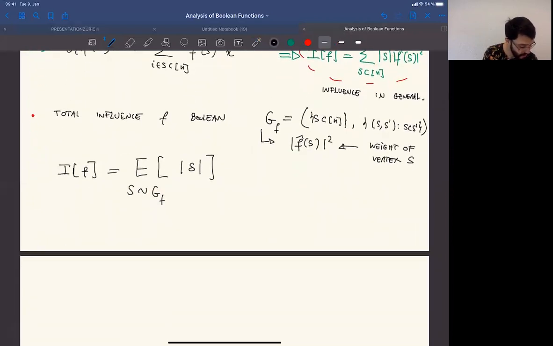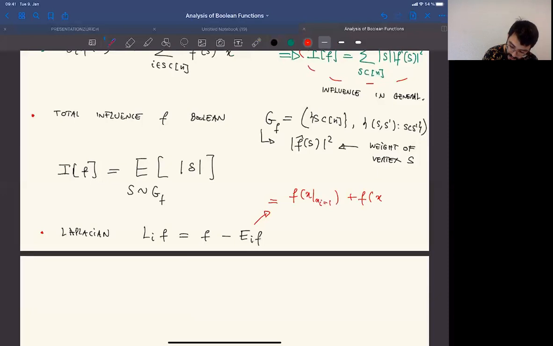There is another way of computing influence. This is using the Laplacian. The Laplacian in the direction i is just f minus the expectation of f in the direction i, and this expectation is just equal to f of x with x_i equals 1, plus f of x with x_i equals -1, and you take the average of that.